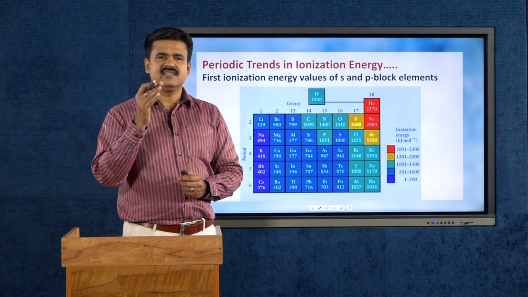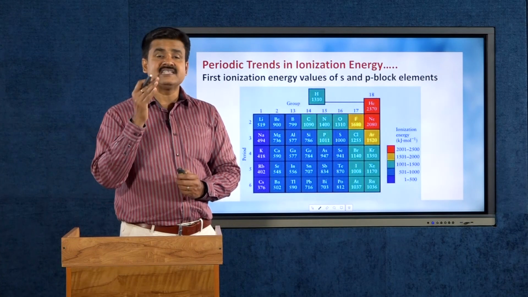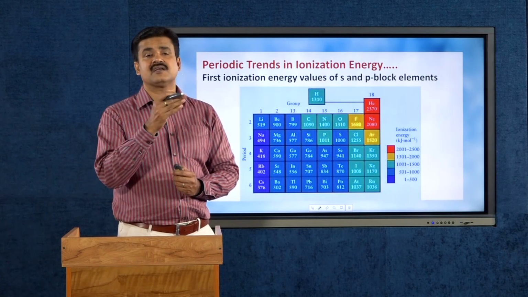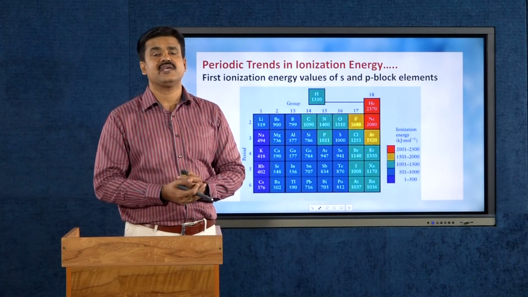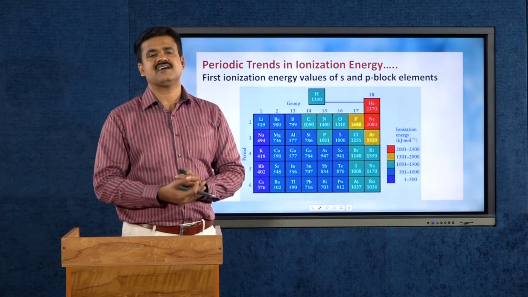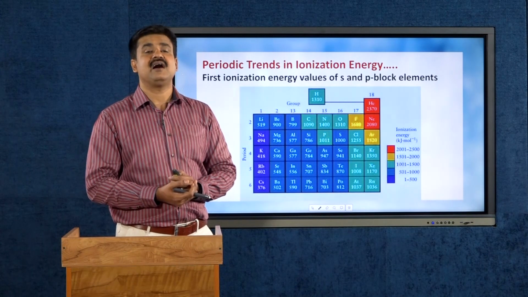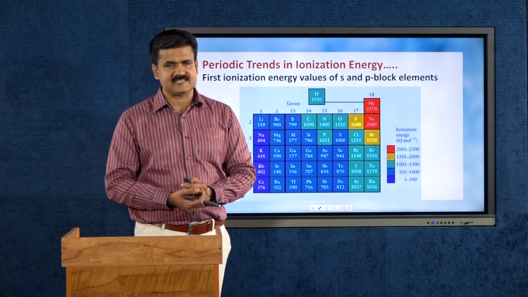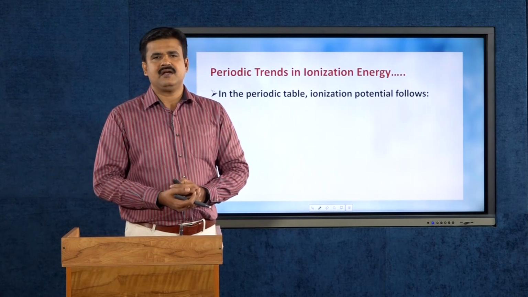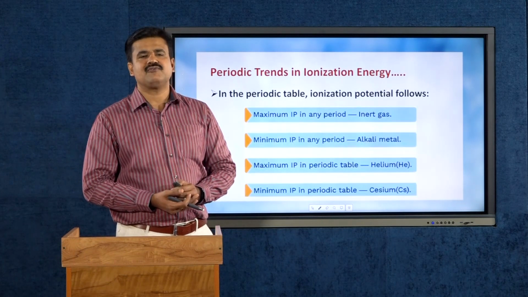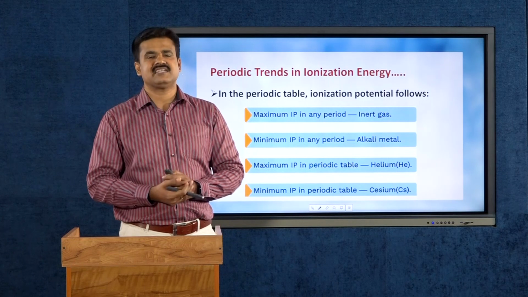So, in the periodic table, ionization energy shows some gradual variations along a period as well as along a group. Some additional factors also govern the magnitude of ionization energy. Now, in the periodic table, the ionization potential follows some very systematic trends.